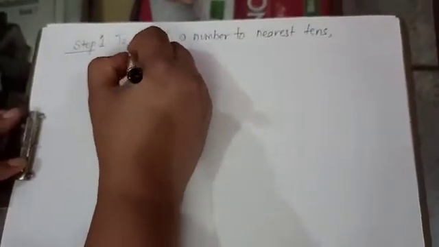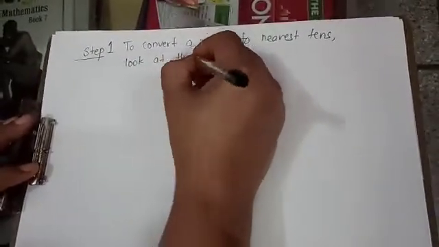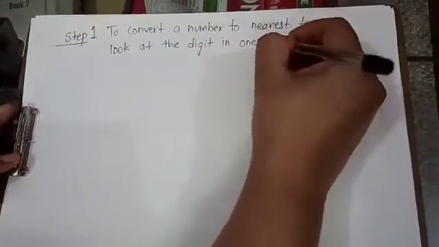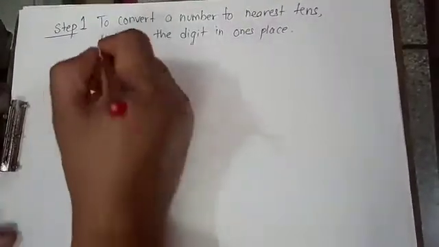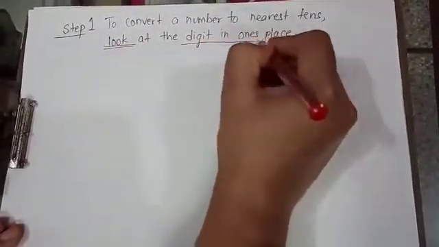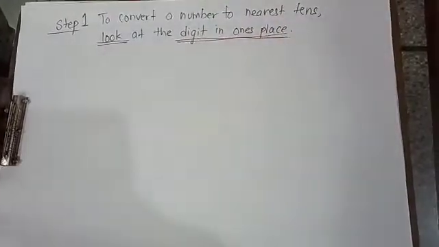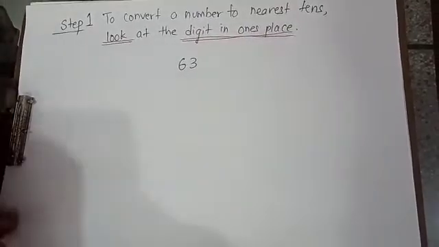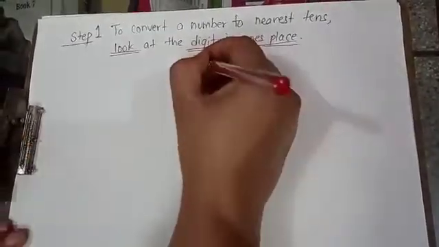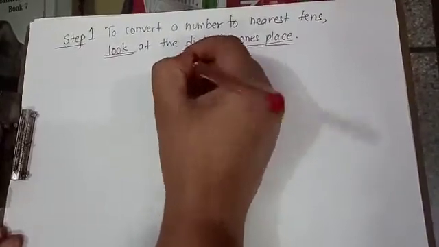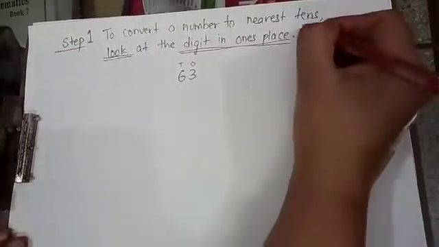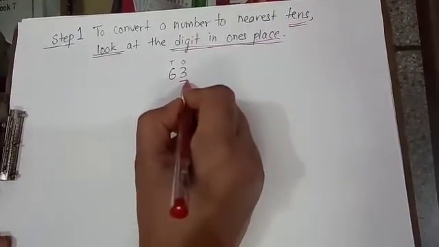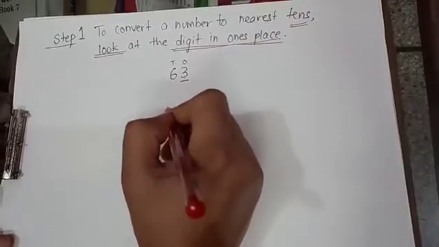First I have to look at the digit in the ones place. Let's take an example. Suppose I have taken the example 63. Now we have already done what the places are. This is ones and tens. Because I am rounding off to the nearest tens, I will see the digit at the ones place. That is, I will see the last digit.